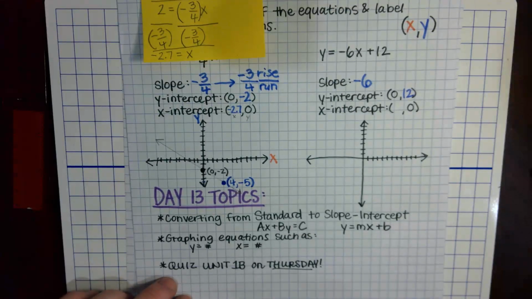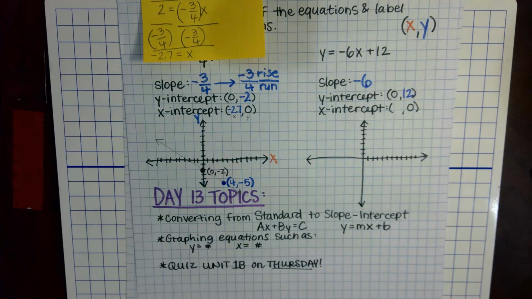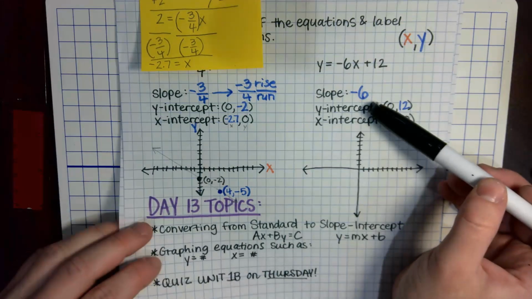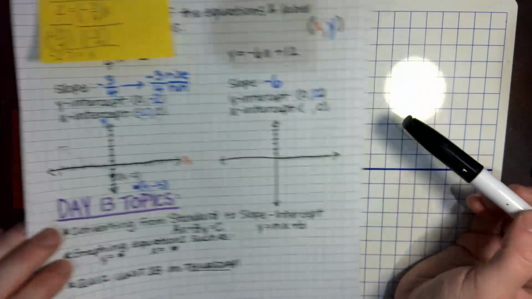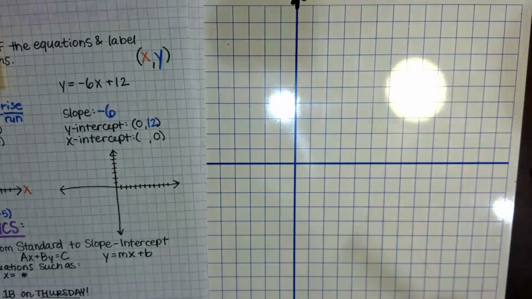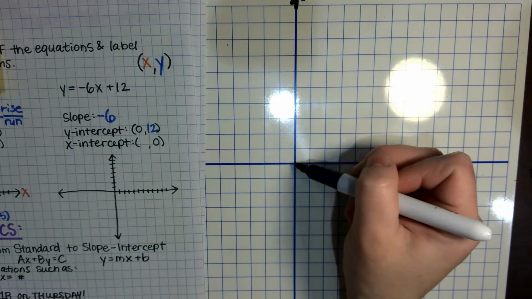What is the first point that we plotted before we did slope? Y-intercept. Yeah, the y-intercept. So our y-intercept is always going to be sort of our starting point. So we already have the coordinate 0, 12. So to plot that, we're going to go over 0, up 12.